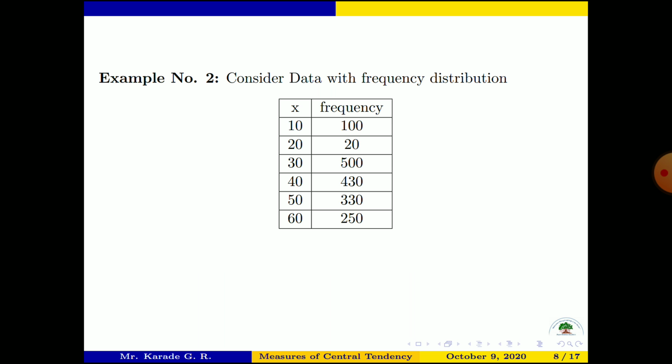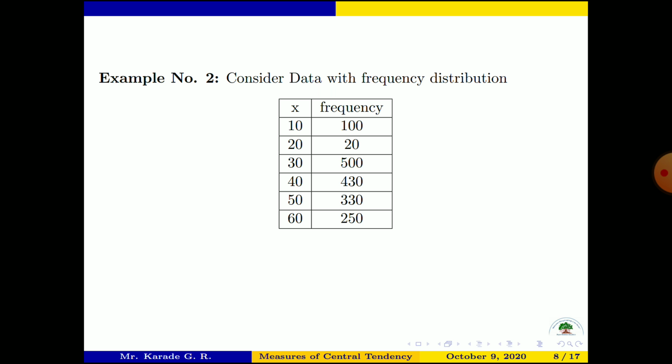The frequency of 10 is 100, the frequency of 20 is 20, the frequency of 30 is 500, the frequency of 40 is 430, the frequency of 50 is 330, and the frequency of 60 is 250.